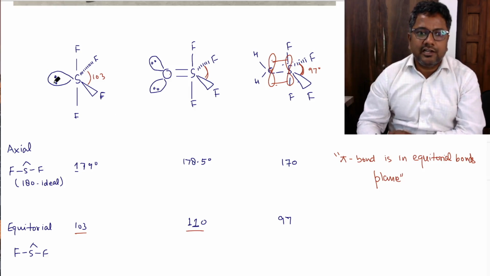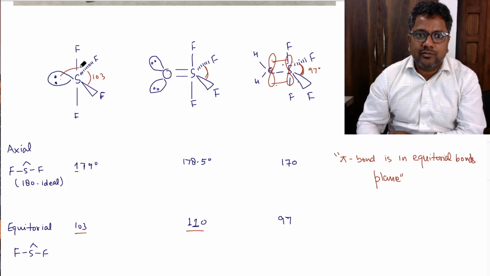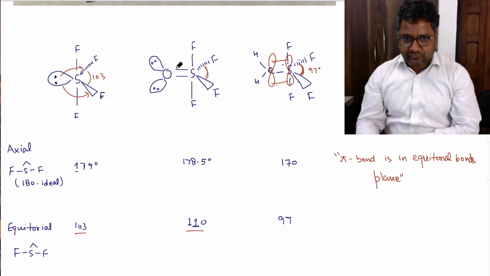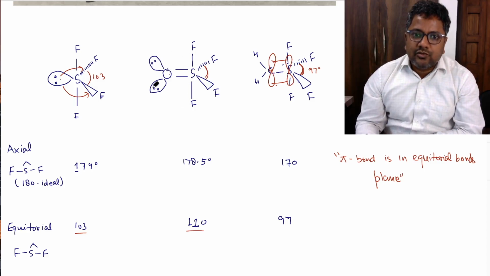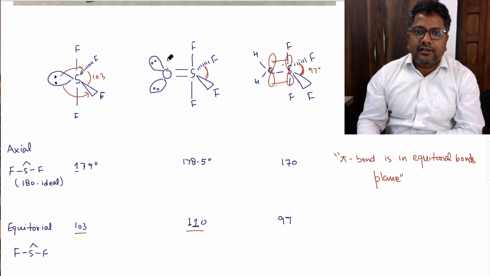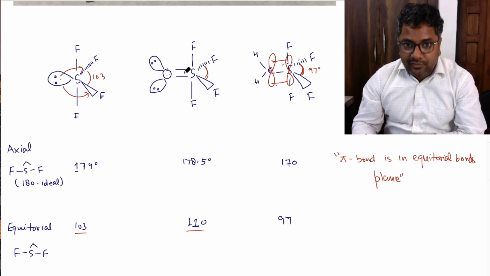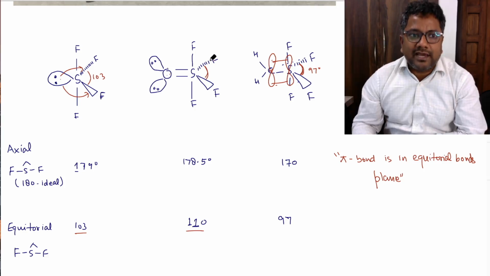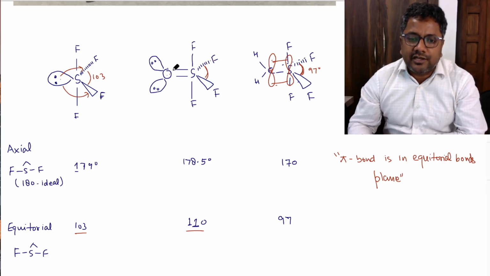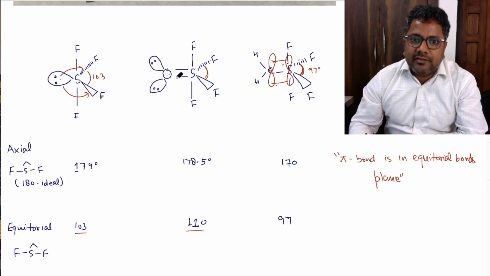And here it is cylindrically symmetrical, so this will cause more repulsion to this bond compared to here where the pi bond is in the plane of axial bonds, right? So although these lone pairs are there, they are far away to cause repulsion here. If sulfur has a lone pair, then that will have more impact, and it is cylindrically symmetrical.